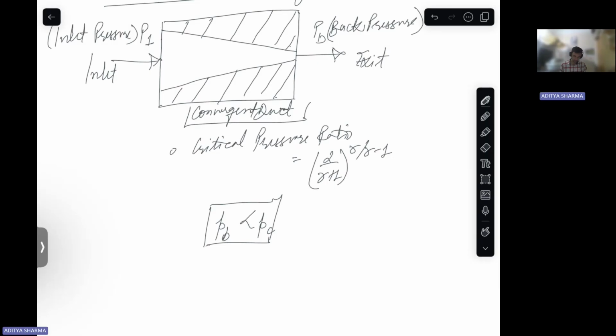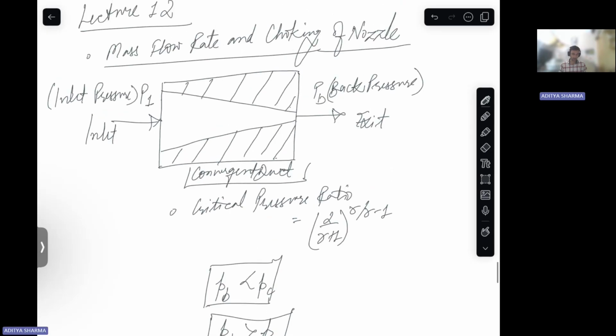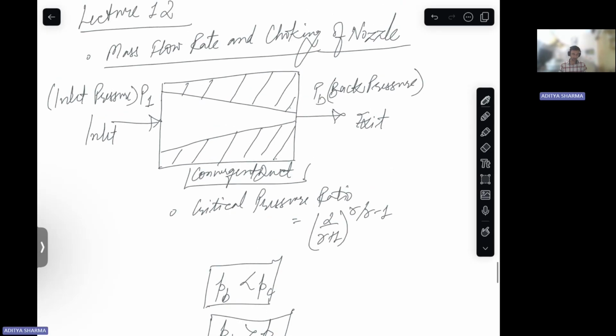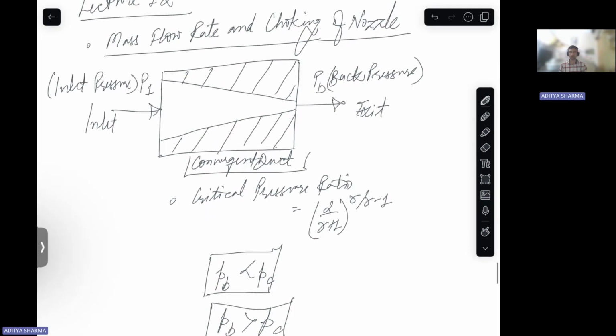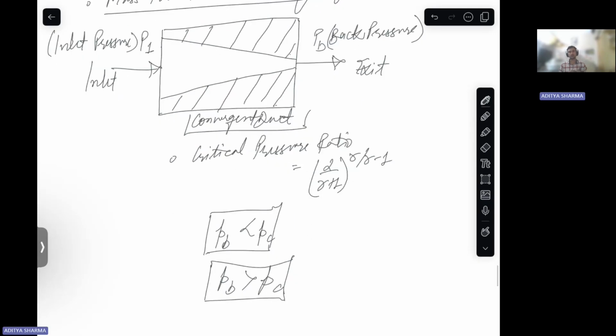But if your PB is greater than PC, your duct will not be choked. It means it can further expand if we reduce the back pressure. So in terms of a convergent duct, this is the discussion on mass flow rate and choking of nozzle. If your duct is choked, it means your mass flow rate is maximum.